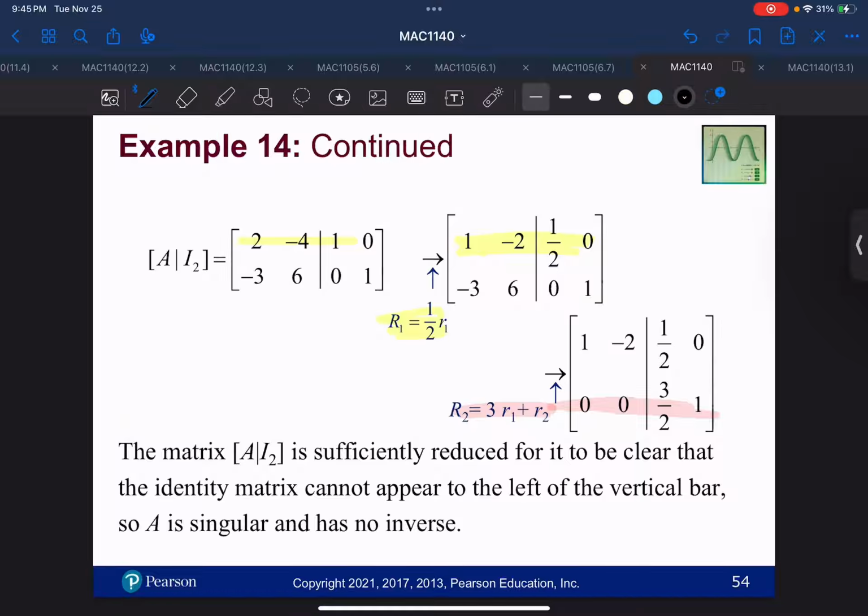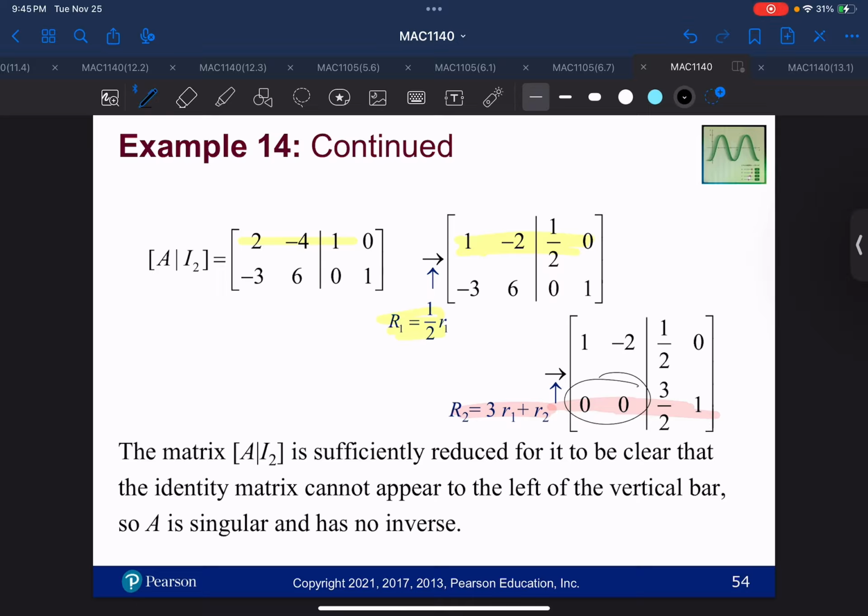Now notice here that all of these just zeroed out on the left. So therefore, this is reduced enough for it to be clear that the identity matrix cannot appear to the left of the vertical bar.